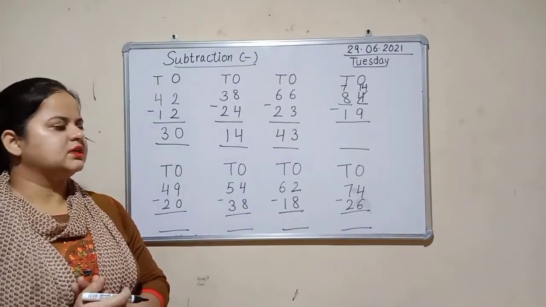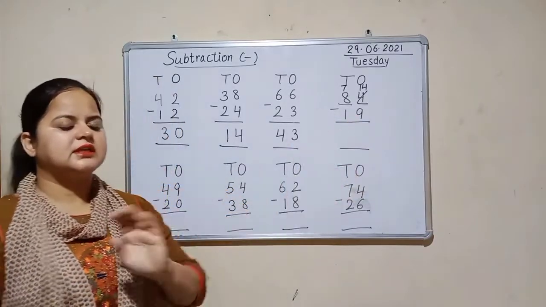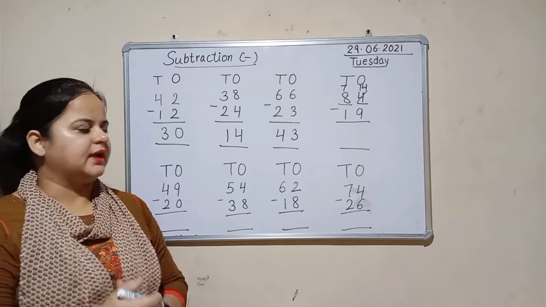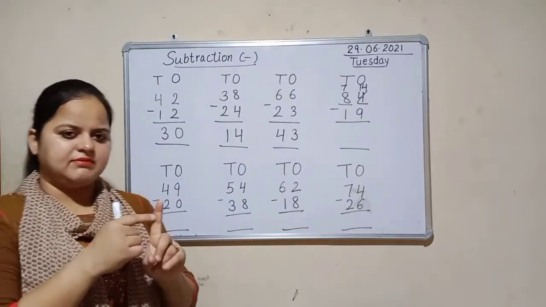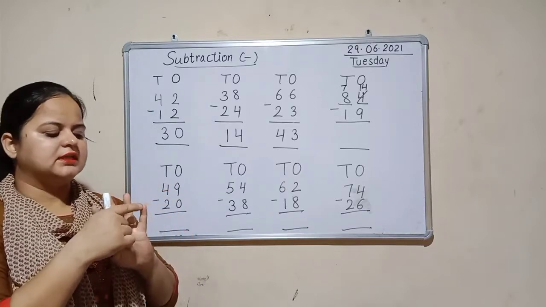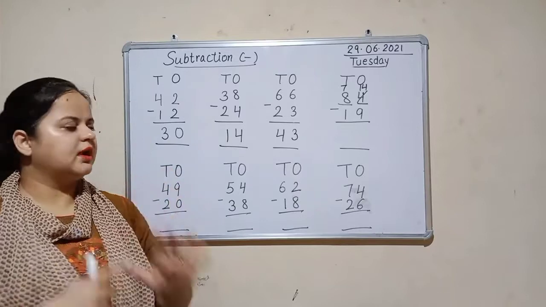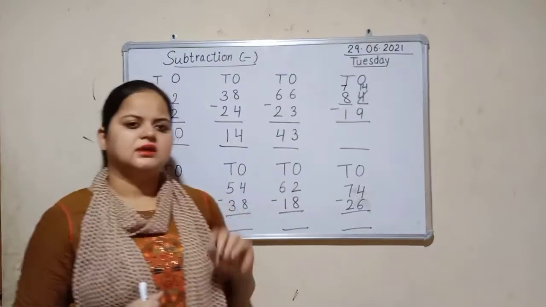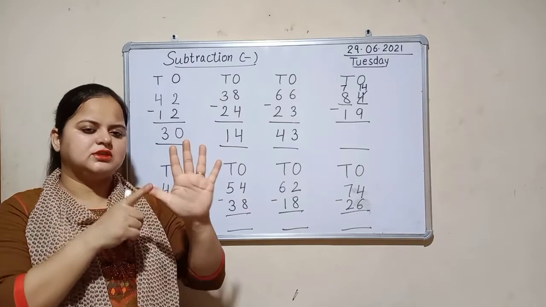14 minus 9. How we will do it now? We will speak the next number of 9, 9, 10, 11, 12, 13, 14. कहाँ तक बोलना है हमने? Till 14.